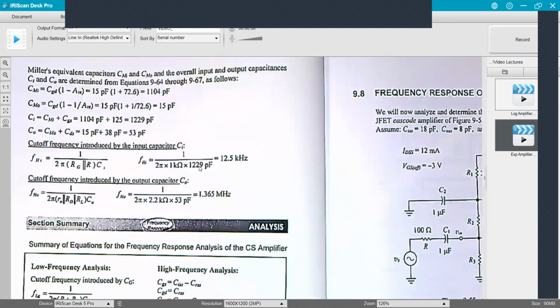It's just that we have so much capacitance for this particular transistor that we don't get a whole lot of bandwidth out of it. We got an okay amount of gain, but we can't go too high in frequency before the gain starts to roll off here.